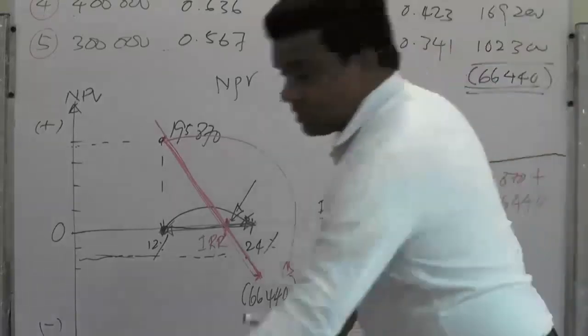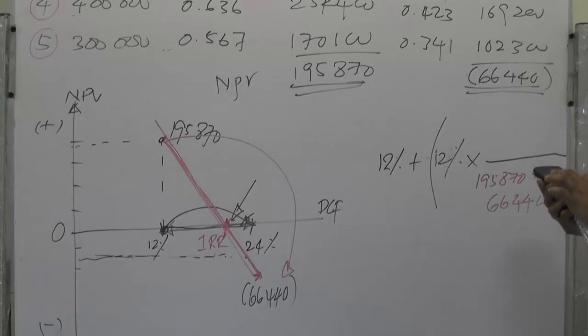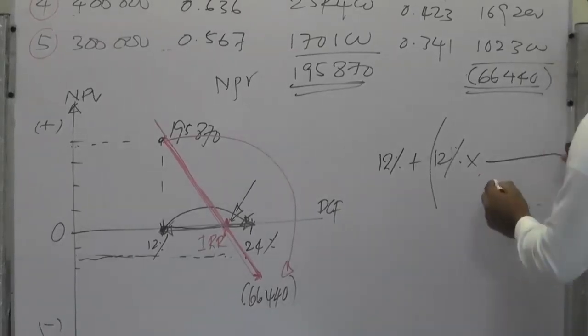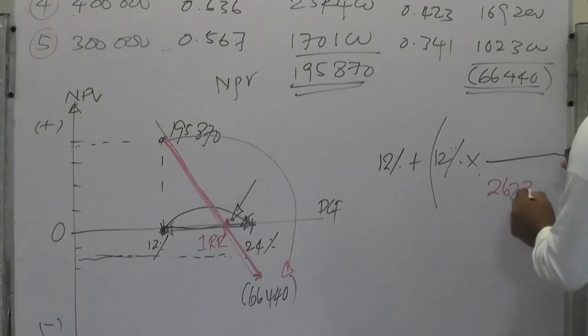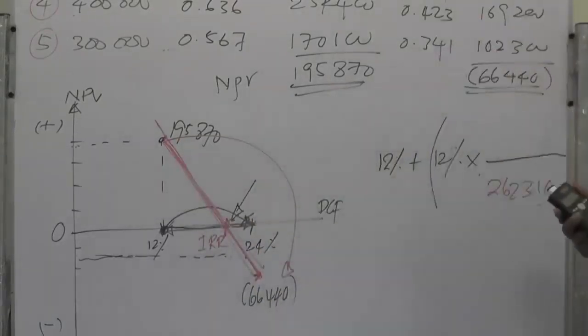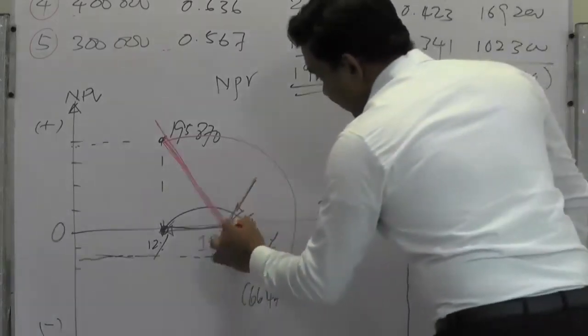After adding 195,870 plus 66,440, total distance is 262,310. This total distance arises due to 12%. Clear? 262,310 due to 12%. But we need up to this point.